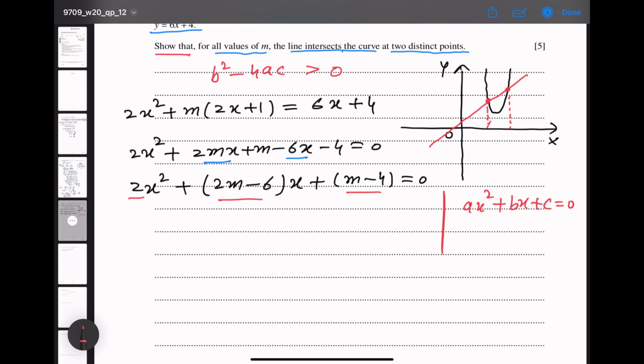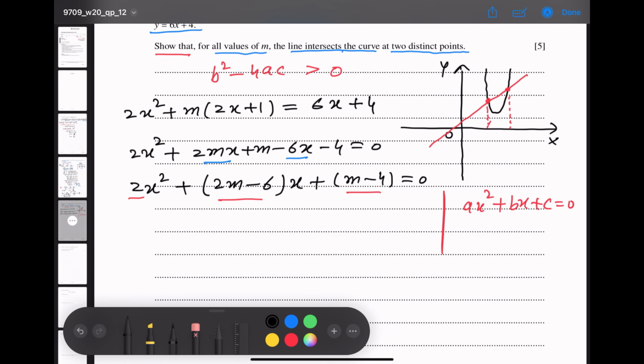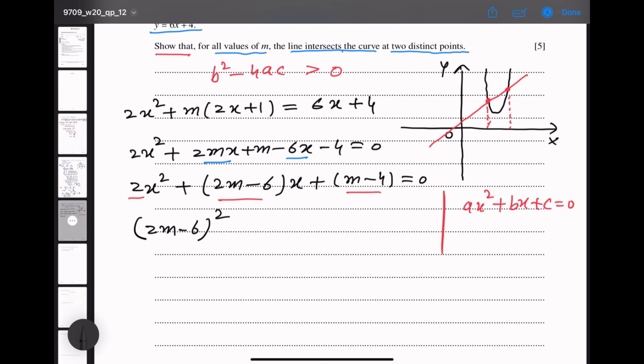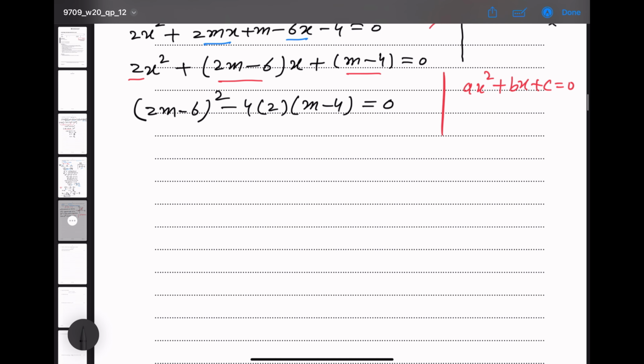So b square minus 4ac becomes b square minus 4 into a and c. So from here we get a quadratic equation in m. Expanding 2m minus 6 by using identity, this becomes 4m square plus 36 minus 24m minus 8m plus 32 is equal to 0.